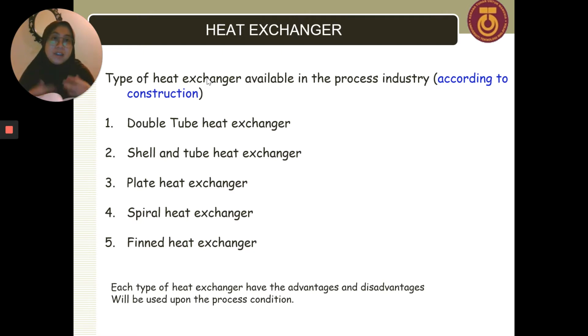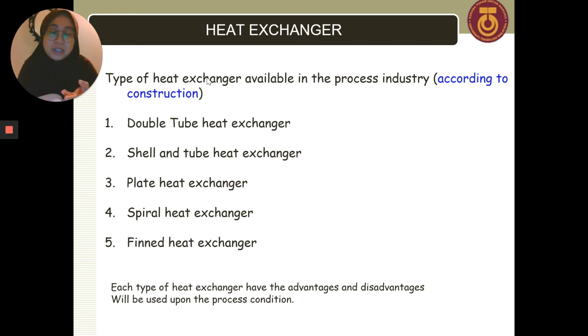Direct means the fluids are in contact with each other, while indirect means one fluid is in the tube and is separated from the other fluid, which is in the shell. You can also watch the previous video for that.